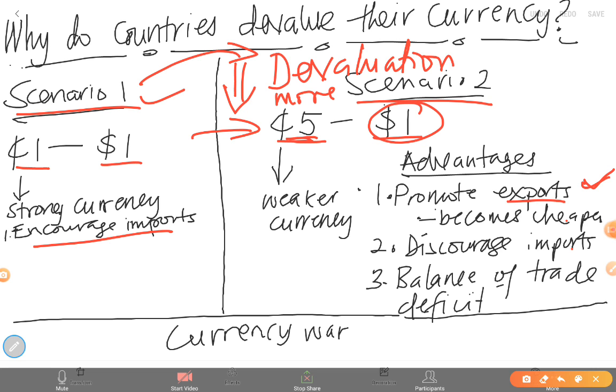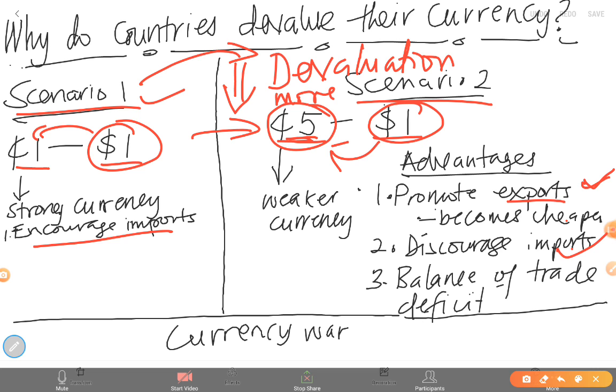They will be able to buy products worth 5 Ghana cedis. But at first, with $1, they were only able to buy a product worth 1 Ghana cedi. After devaluation, with the same $1, they are able to buy products worth 5 Ghana cedis. That means your products have become cheaper at the international market.